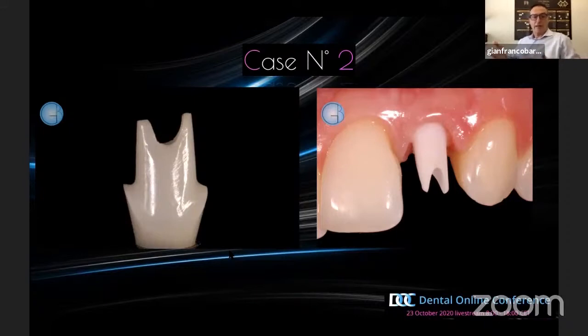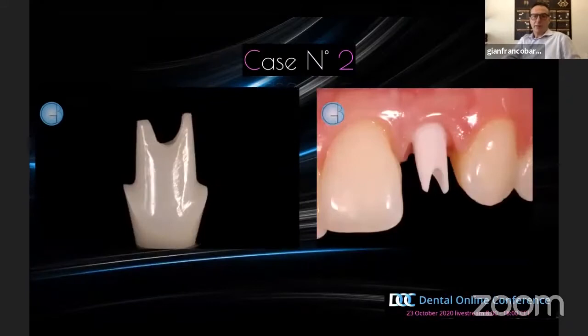It doesn't have any kind of design, because with digital design it is more difficult to control the emergence, because we can't read under the tissue.